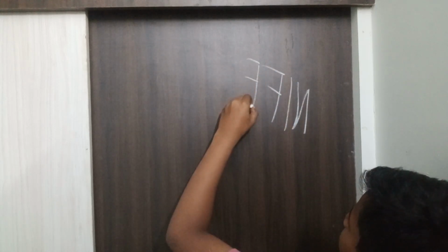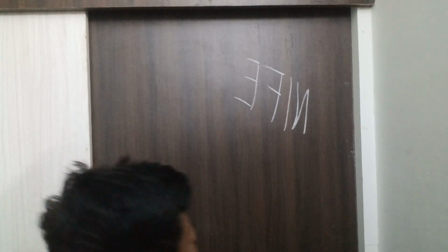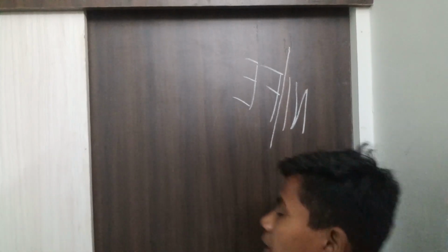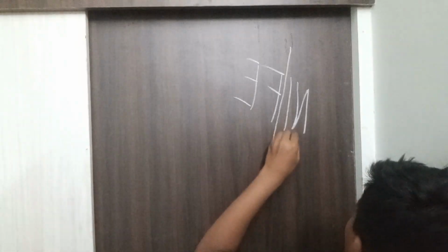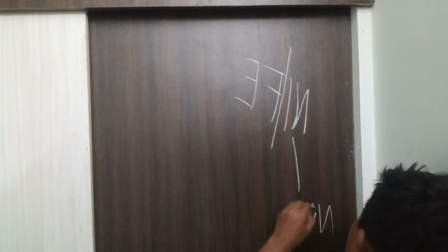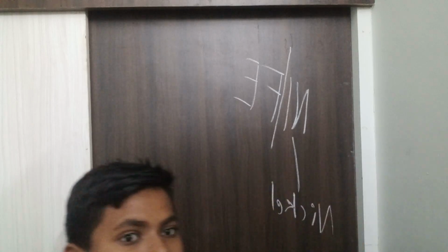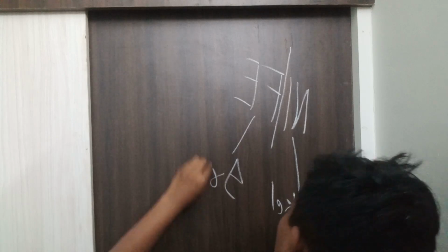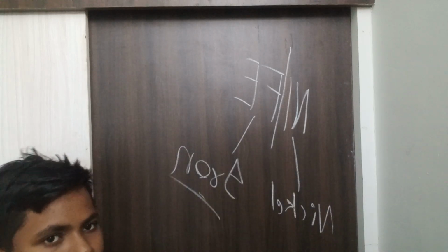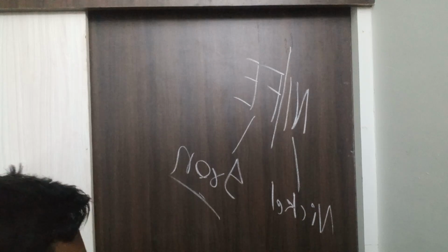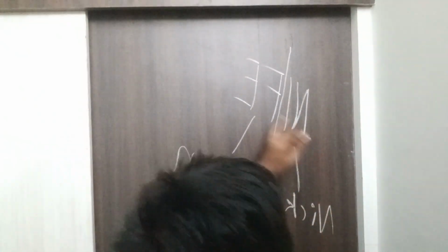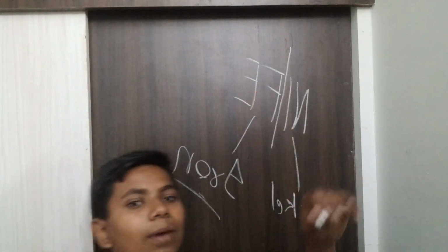This is also divided into two: Ni is nickel, and Fe, as you all know, is iron. So Ni and Fe form NIFE.